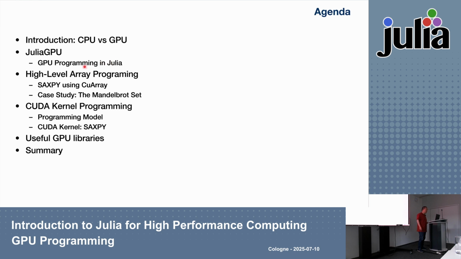There are three ways to use a GPU if you are using Julia as your programming language. The first way is the so-called high-level array programming. As you can see from the name, it's a high-level abstraction, so this makes GPU programming very easy.